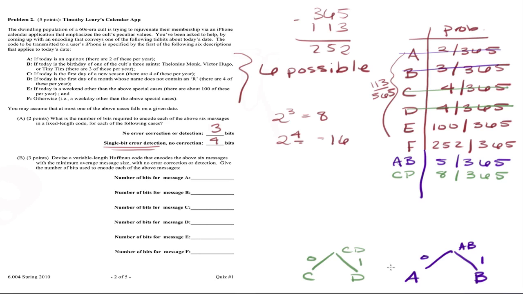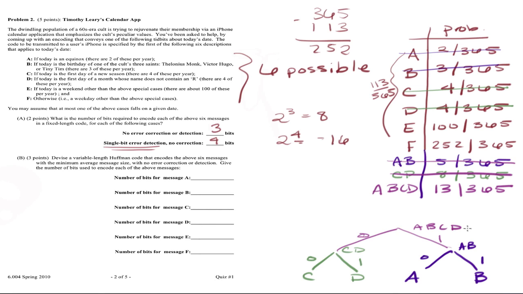Okay, so next 2 smallest are still AB and CD. So 5 plus 8 is going to give us ABCD. 5 plus 8 is 13 out of 365. So AB and CD come together to make ABCD.